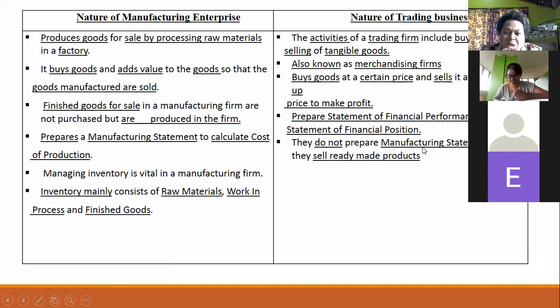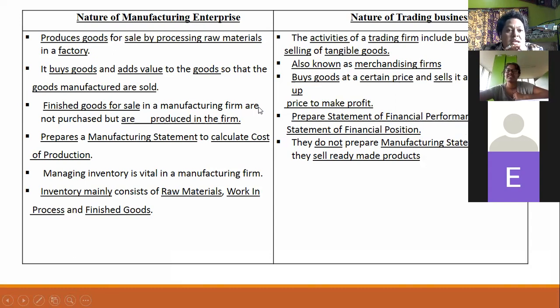So who prepares the manufacturing statement? The manufacturing enterprise prepares the manufacturing statement, while the trading business prepares the statement of financial performance and statement of financial position.